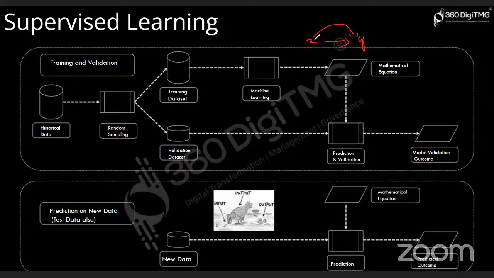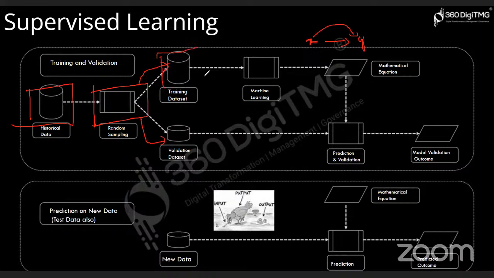To do that and to evaluate this model, we take this historical data set and do random sampling. We randomly choose a few records for the validation data set and the rest are given to the training data set.